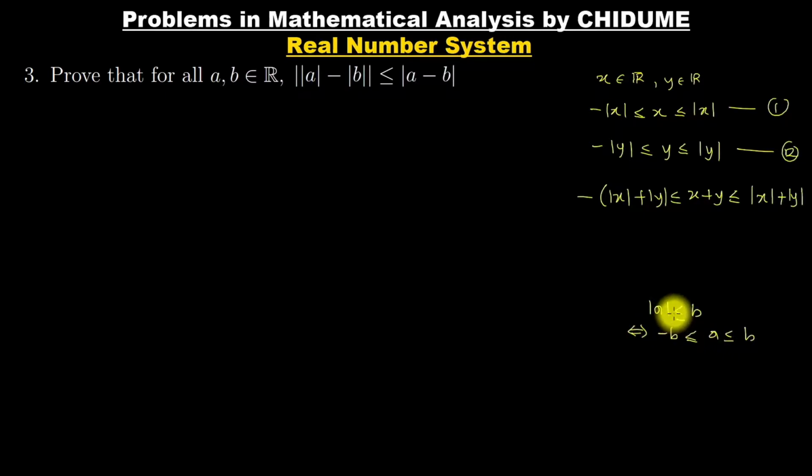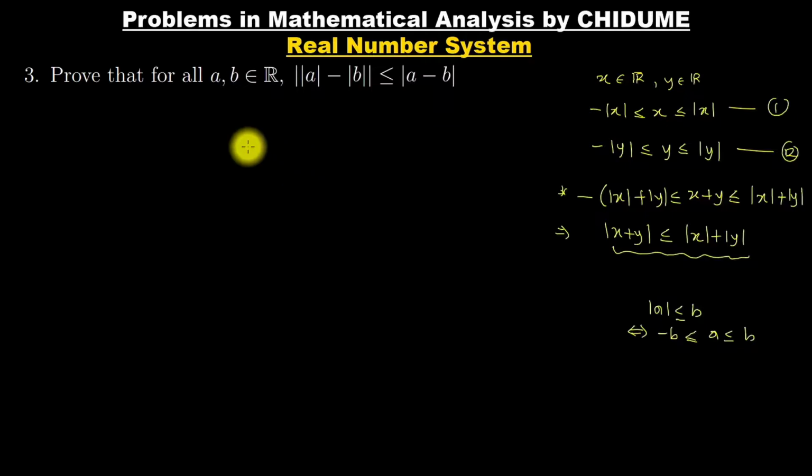We've done this in question 1. Meaning that this inequality can still be written as the absolute value of x plus y is less or equal to the absolute value of x plus the absolute value of y. And this is known as the triangular inequality. So I'm going to use the triangular inequality to prove this inequality over here.